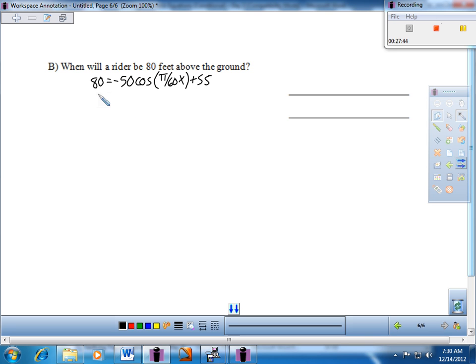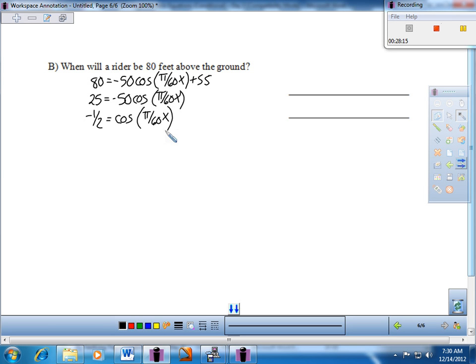And if I bring over that 55, I get 25 equals negative 50 cosine pi over 60x. All right, step 1 completed. Everybody, divide by the negative 50 there. And this is interesting, as we get a negative 1/2 cosine pi over 60x.